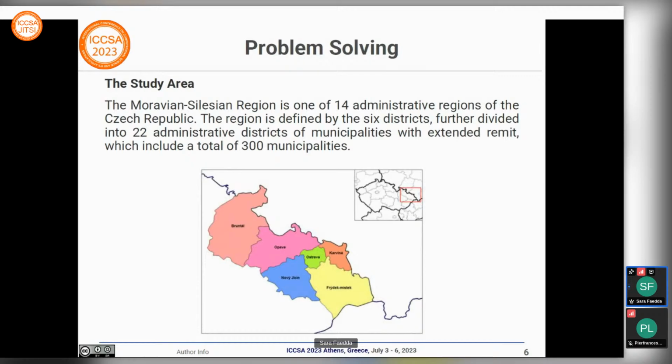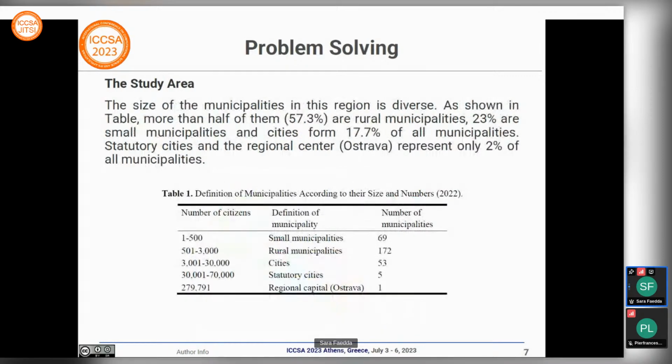It is divided into 6 districts, we can say, big districts, and we have about 300 municipalities, exactly. So we, of course, investigated all of them because we had to go to the websites, find out which system they use, and then make another steps of research.